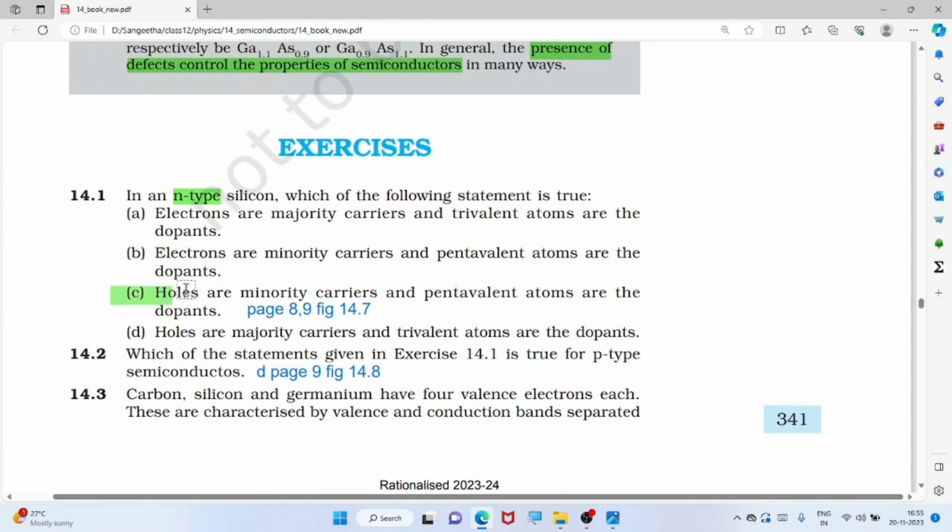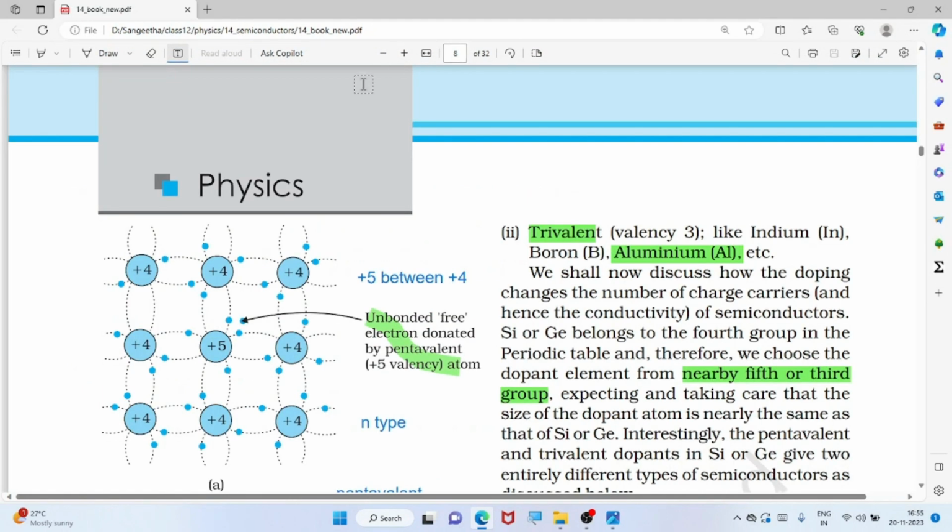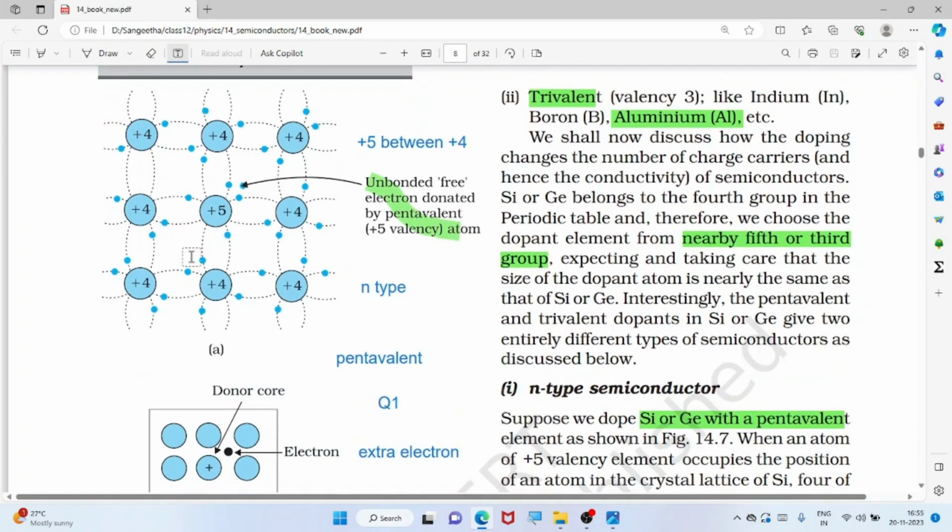Exercise: in n-type silicon, which of the following statements is true? In the n-type, holes are the minority carriers. In n-type, the electrons are the majority carriers, and we are using pentavalent doping.